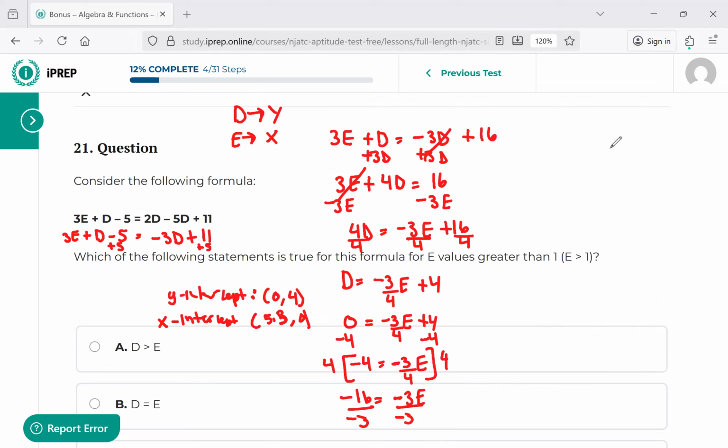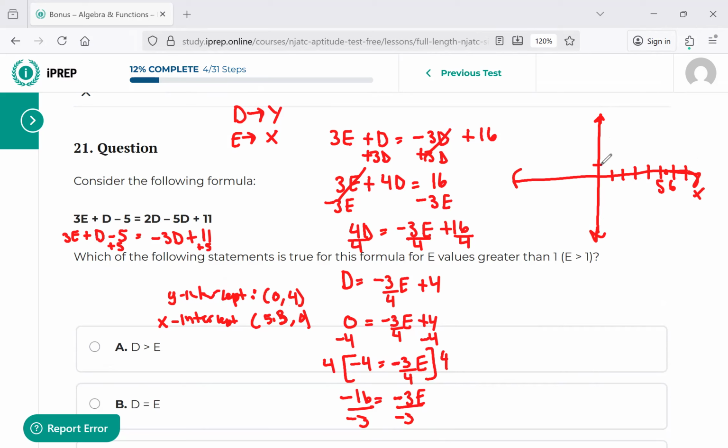So if you graph it on a Cartesian plane, let's see, x is 5.3, right here. And then my y-intercept is 4.